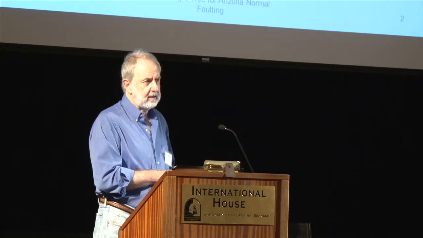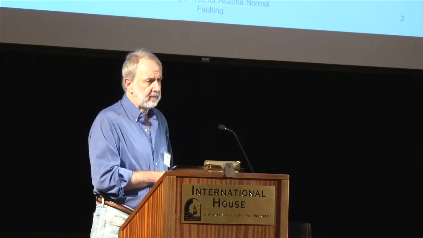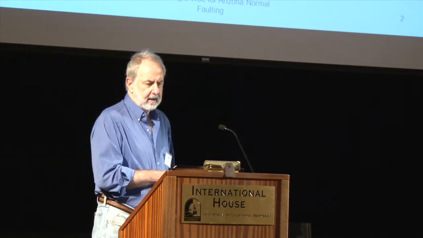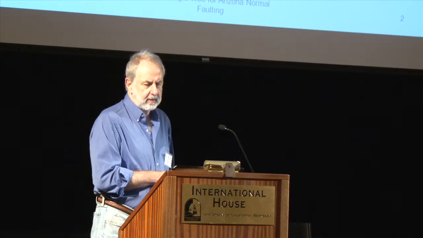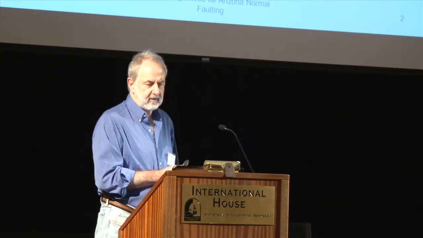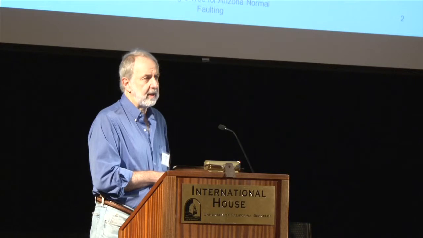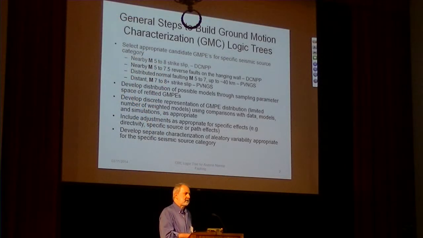For Diablo Canyon, we have nearby magnitude 5 to 8 strike slip earthquakes, and the second category would be the nearby magnitude 5 to 7.5-ish reverse faults on the hanging wall. Specifically, the site Diablo Canyon sits on the hanging wall for those types of sources. So those are the 2 source types for Diablo Canyon. For Palo Verde, we have 2 source types also.